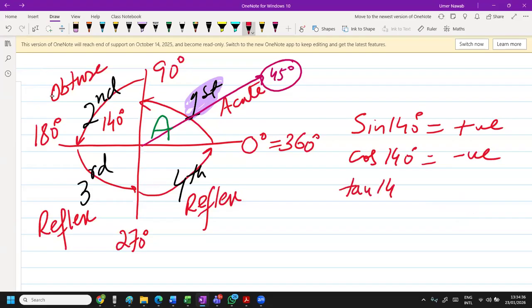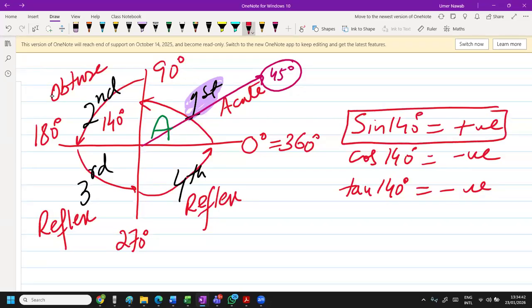And tan of 140 will also give you a negative answer. So you say, Mr. Umar, I am getting a positive answer for the sine if my angle is obtuse or in the second quadrant. So that's why I will write it here S. S stands in the second quadrant because only the sine of any angle in the second quadrant gives me the positive answer.